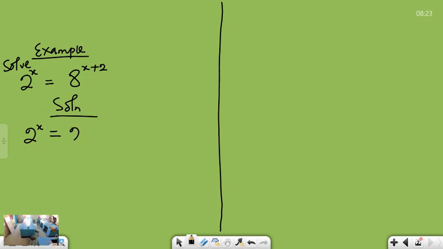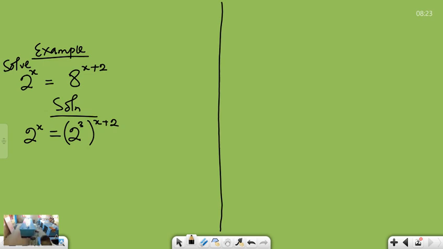So it means that I will say 2 raised to power 3, then all raised to power x plus 2. Now that is what we have: 2 raised to power 3 will give us 8, all raised to power x plus 2. This is where we apply the knowledge of our last class, using what we call the power law in indices.